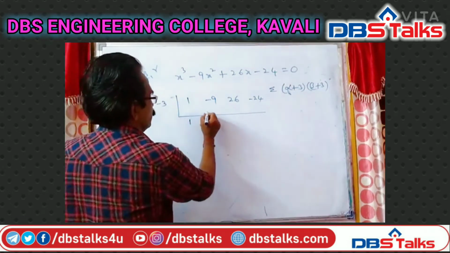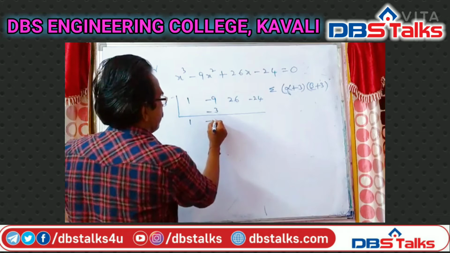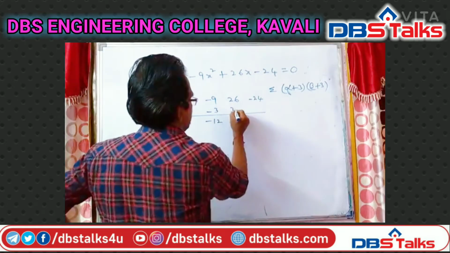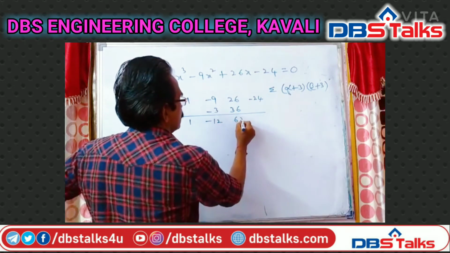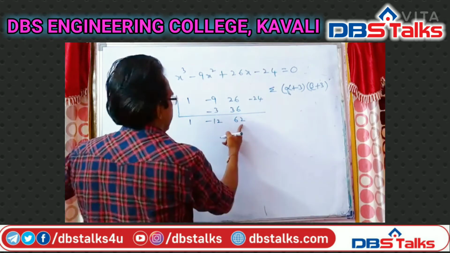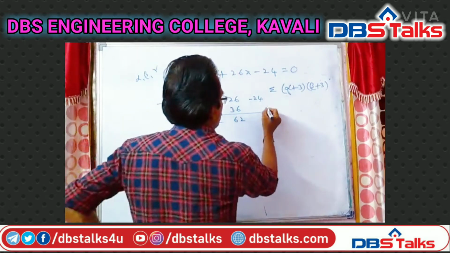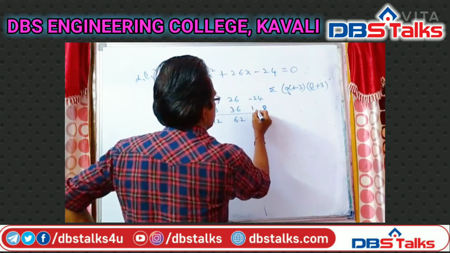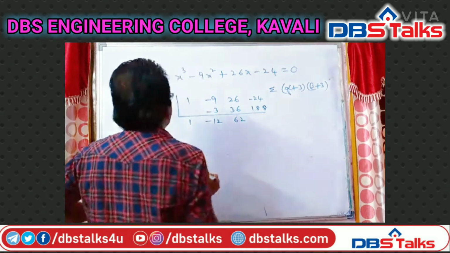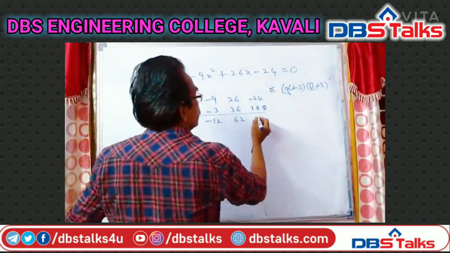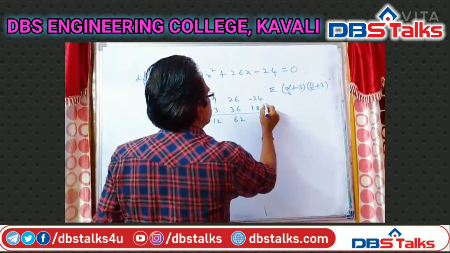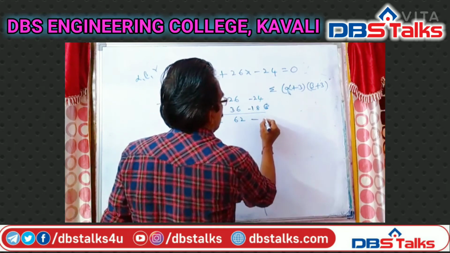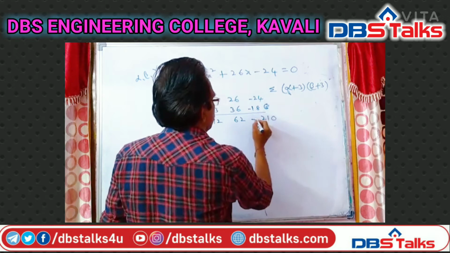1, minus 3 into 1 is minus 3, minus 12, plus 36 is 62, minus 3 into 62, that is 3 2s are 6, 3 6s are 18, so minus 186, 210 minus 210.